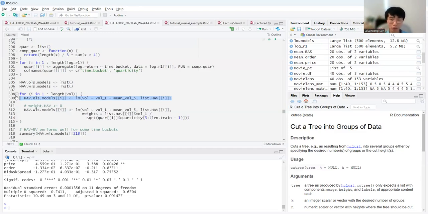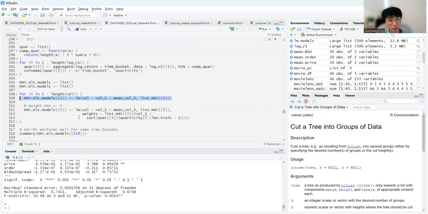But especially in finance, usually the error term of the time series is time dependent, meaning that the variance of this noise term UT is not constant. If this is the case, a more robust or more efficient method is to use the weighted least squares.